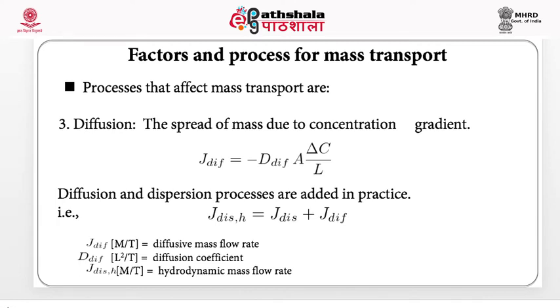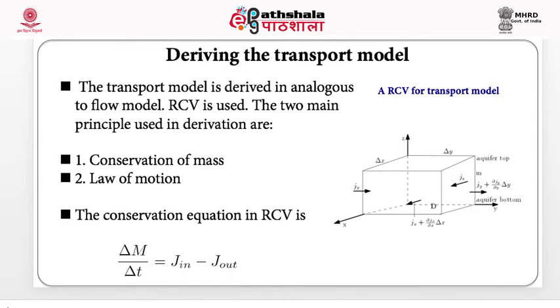Now that we know the processes that affect the mass flow and mass transport, let us try to derive a transport model. The transport model is derived analogously to the flow model. RCV is again used, and we have the same two main principles used in its derivation. Before I go on to the principles, let me just show you the difference between the flow and the mass problem in our model aquifer.